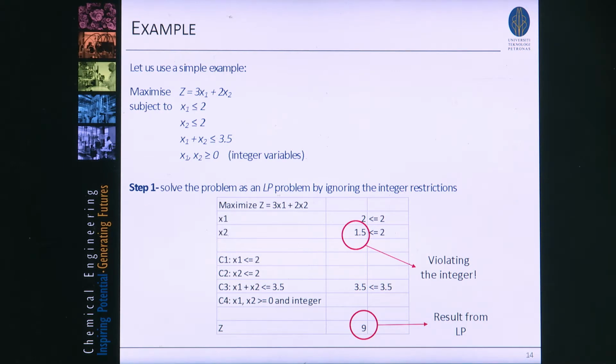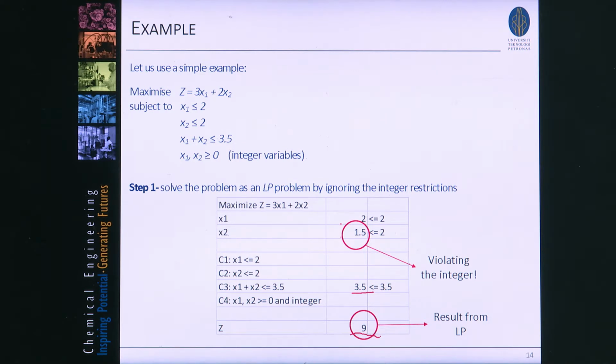So number 1, we solve the problem as an LP problem by ignoring the integer restriction. So now we don't see this as an integer variable; we see x1, x2 as continuous variables. If we use Excel, we find x1 and x2, where x1 plus x2 has to be less than or equal to 3.5, and z is 3x1 plus 2x2.